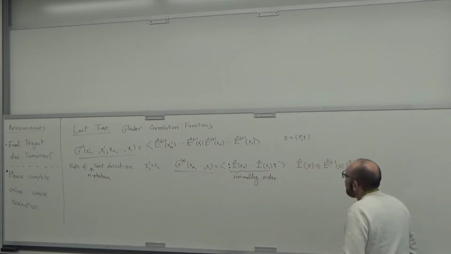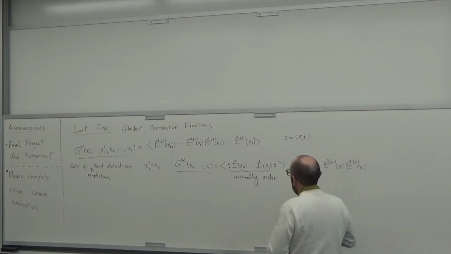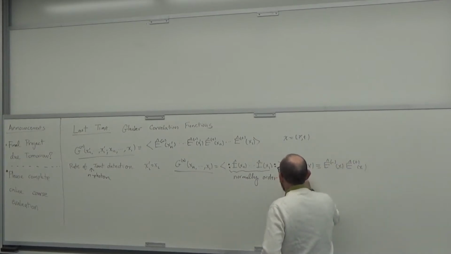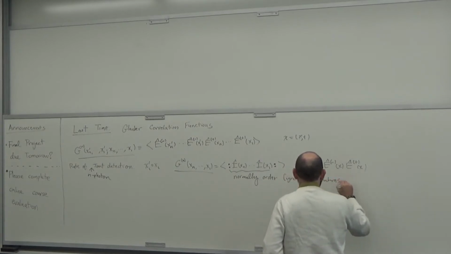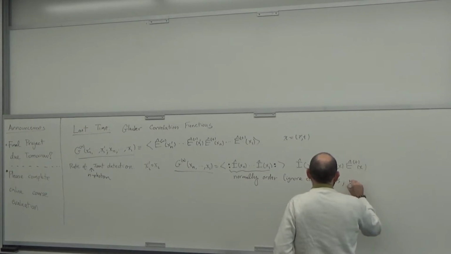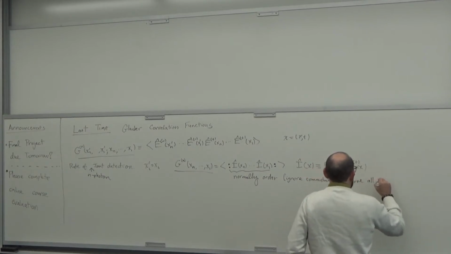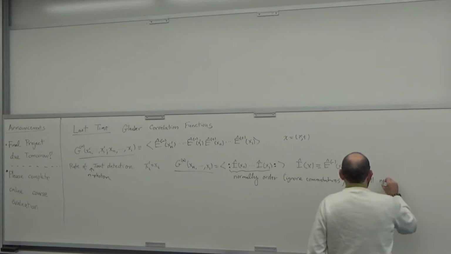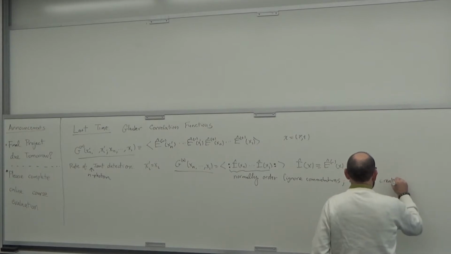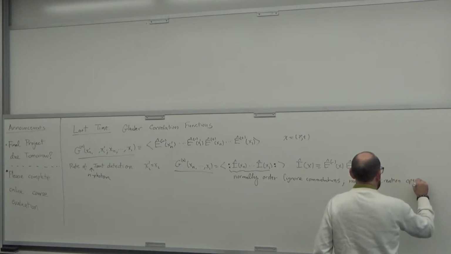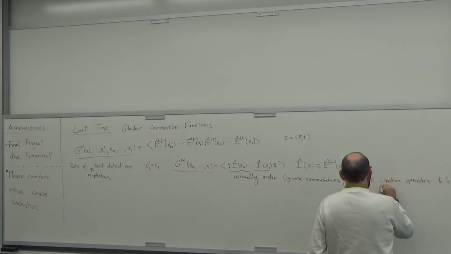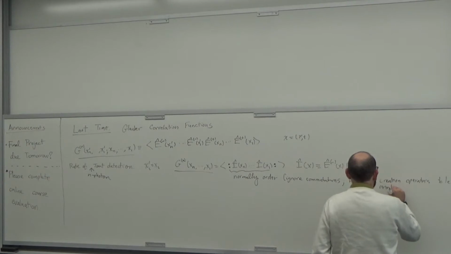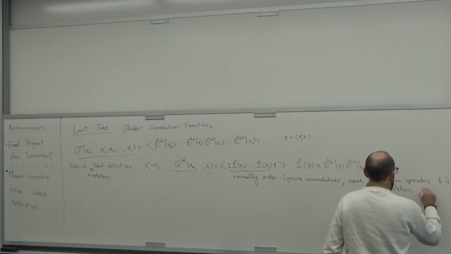So again, what the normal ordering means is ignore commutation relations. Move all creation operators to the left, and the annihilation operators to the right.